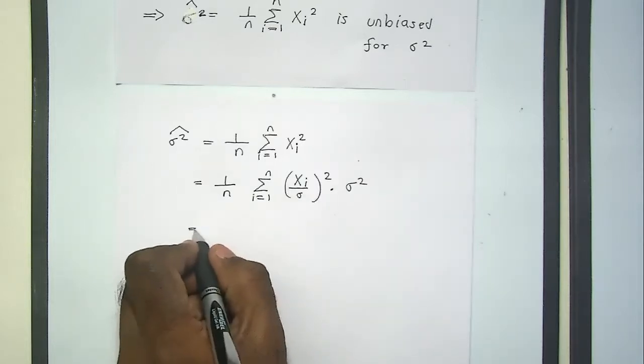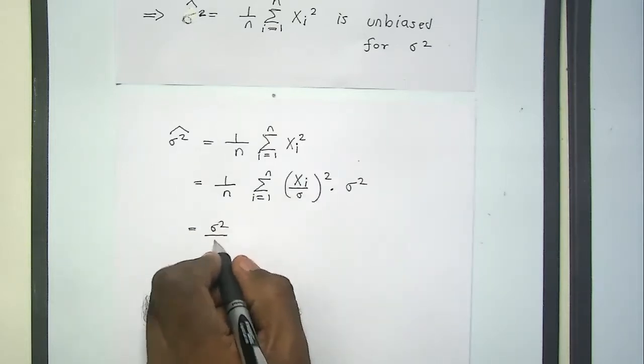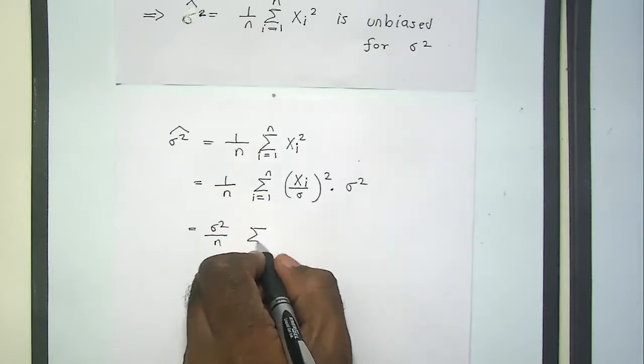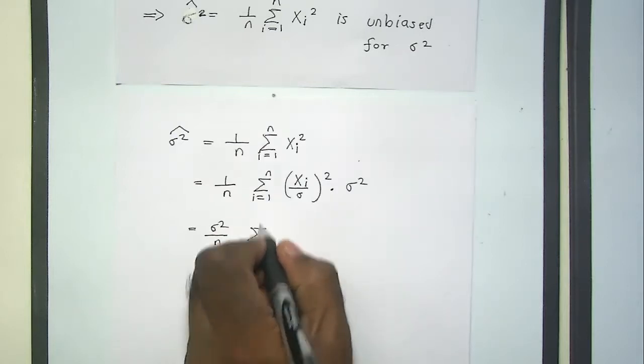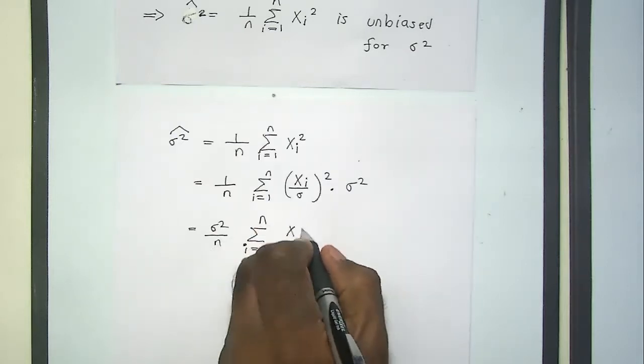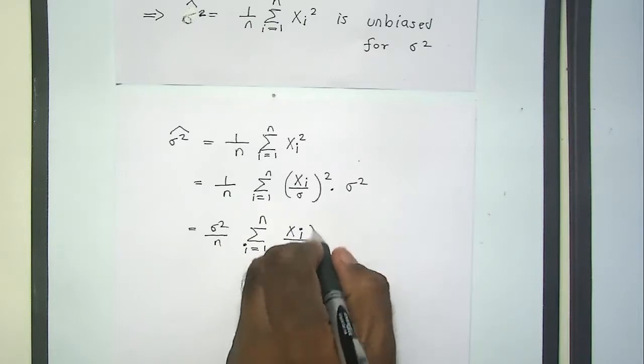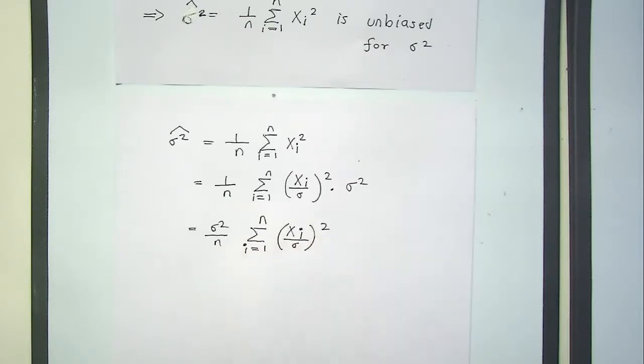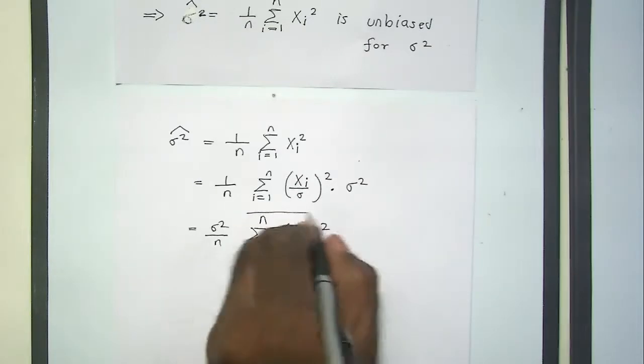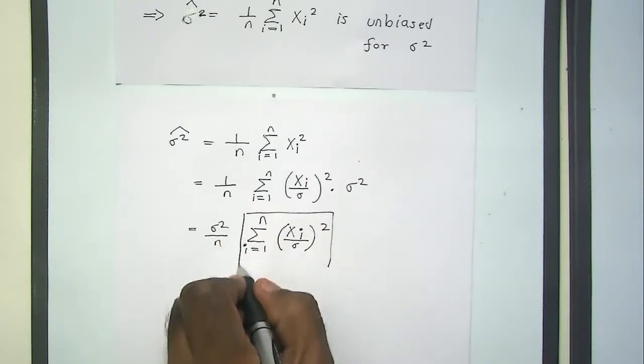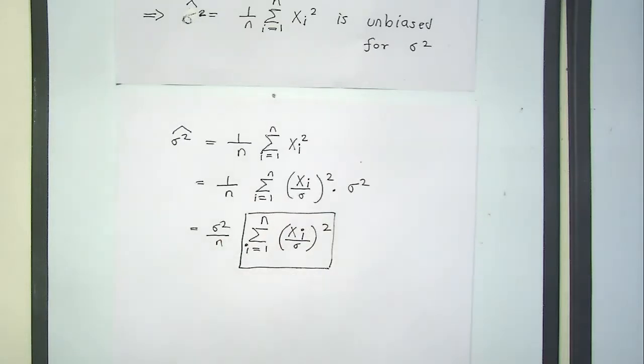So this becomes this. Now let me check your memory. Do you know anything about this? If you look back in my notes, either the printed notes or the handwritten notes, you will know something about this. It's something I taught you about 2 or 3 weeks ago.